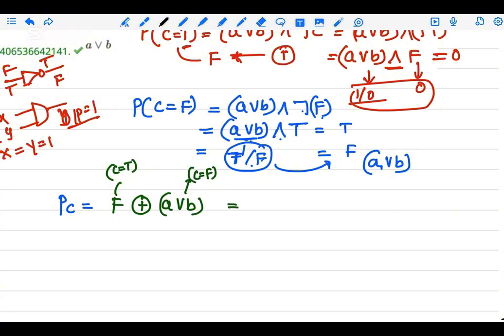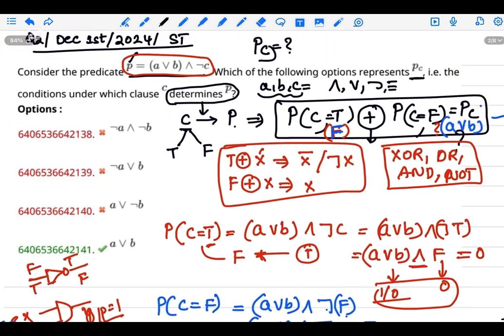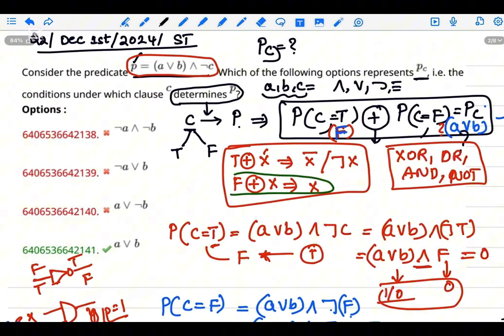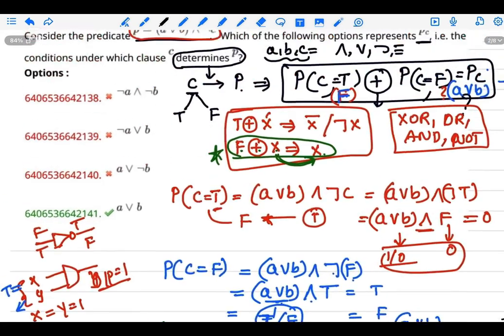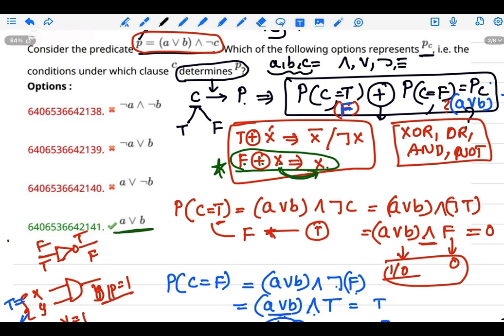In the XOR operation, false XOR with X equals X. This is very important. Here X is the value A or B, which is the output. So PC, the predicate, equals A or B. That is the answer for this question.